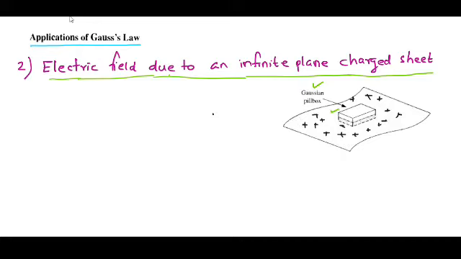That is, one can easily draw this Gaussian surface, like if this is a positively or negatively charged sheet, then this is a small area in the charged sheet. Then the Gaussian surface can be drawn like this.